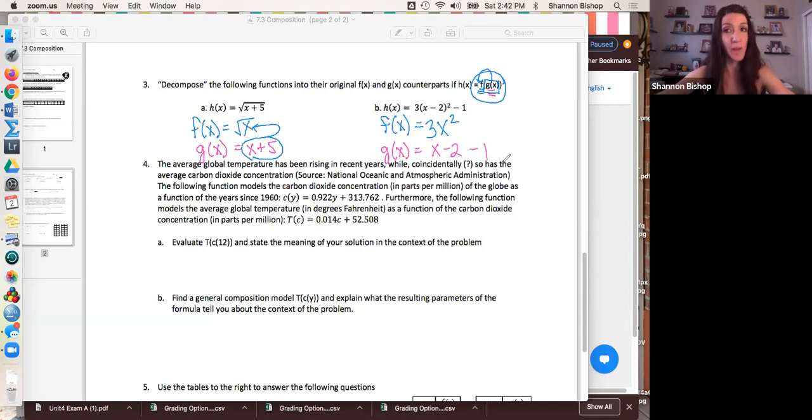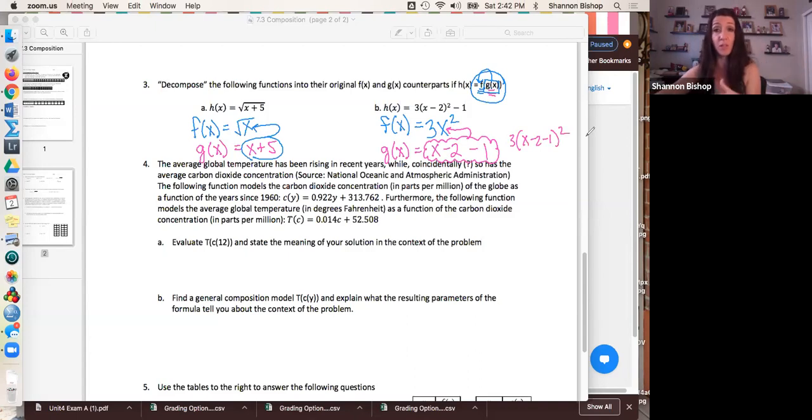Okay, you have to be careful because again, by definition of composition, you're going to take all of this and you would slip it in right there, which would technically say 3 times x minus 2 minus 1 quantity squared. That's what that would look like.